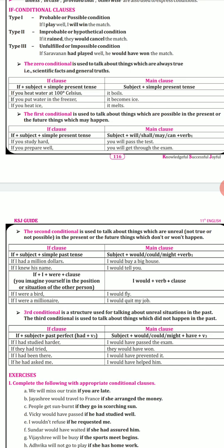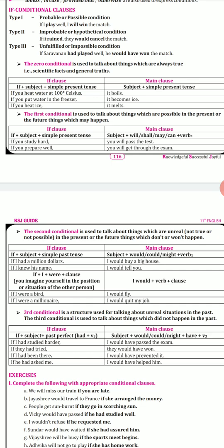And then the main clause tense will be future perfect, but that should be in past form. That means the auxiliary verbs would and also have should be used with a past participle verb.